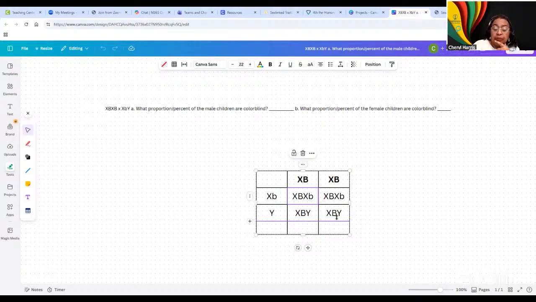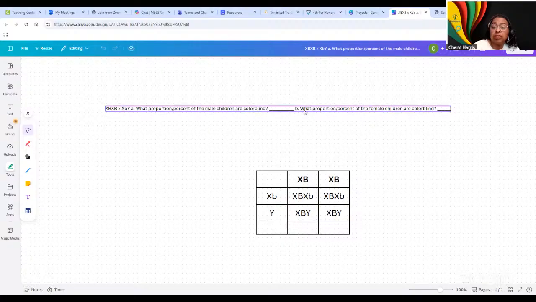All right. Then we have to read what's in the boxes. So up here on the first row, we have two females, and they are carriers, but they're not going to be colorblind. So we need to say that. As far as the female question, what percentage of females are going to be colorblind? 0, because they're not colorblind. They are carriers, but they're not colorblind.